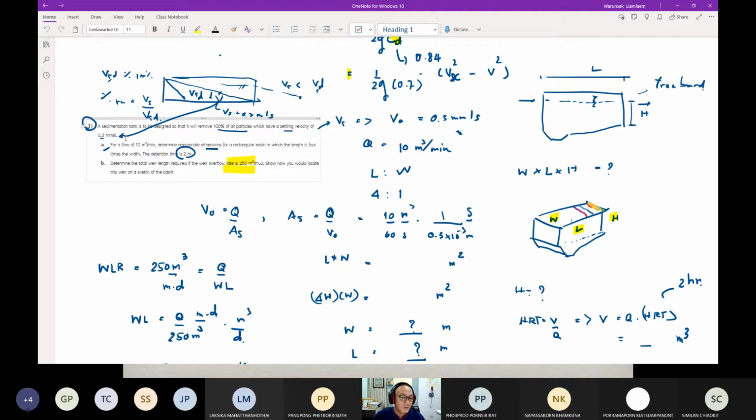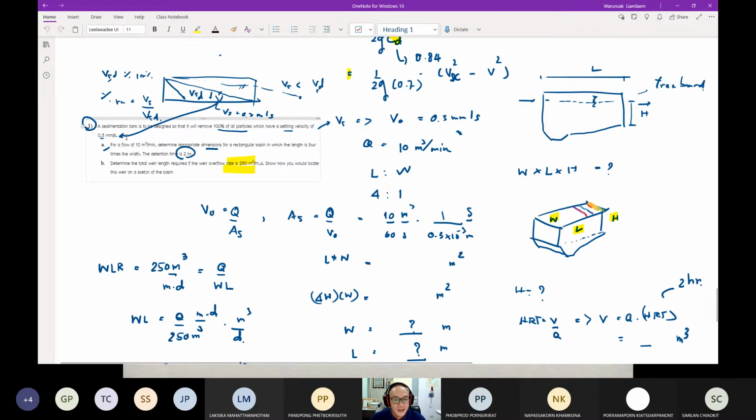The percentage of removal for particles with a settling velocity smaller than 0.3 millimeters per second is equal to the settling velocity itself divided by 0.3, and then you can find out the percentage of solids removal. So this information will give you some idea about what size of parameters will be used to decide the factors for this particular sedimentation tank.